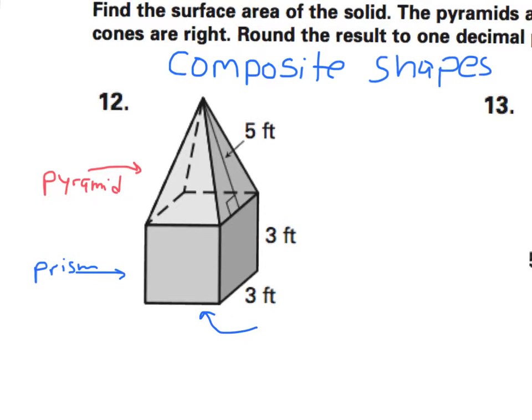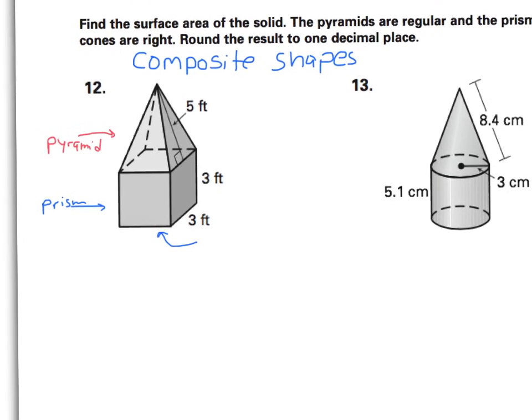Okay? So when I start to bring this together, what's my formula look like? Well, the surface area of the pyramid looks like this: B plus PL. And the surface area of the cube is going to be 2B plus PH.